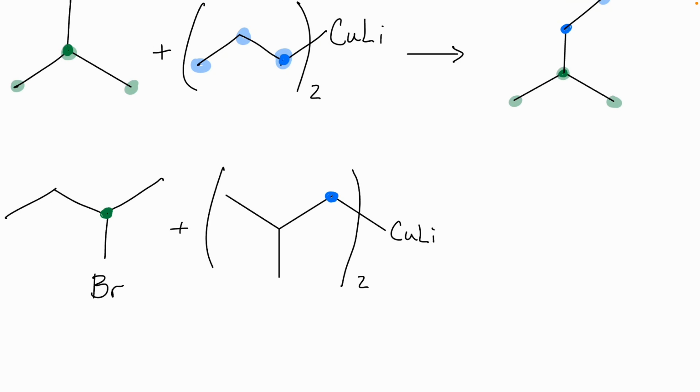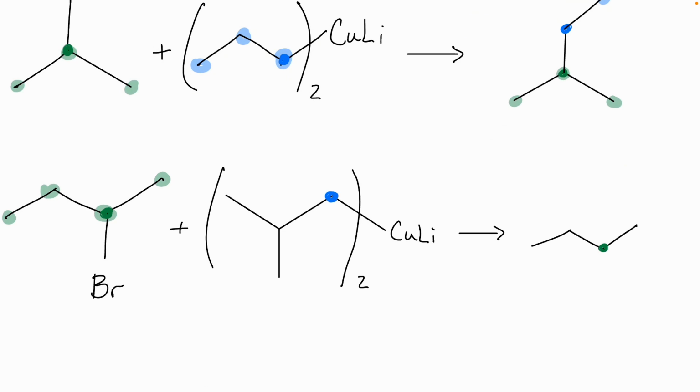I'll start by drawing one of these. Let's do these 1, 2, 3, 4 carbons from my alkyl halide. All right, and again, I'm going to keep that green one colored because that's the one that has my new bond.